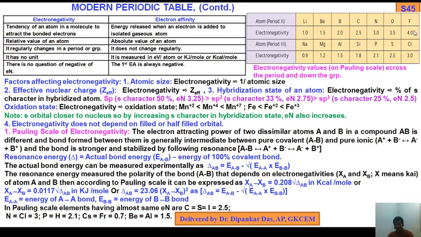If you go down the group, fluorine, chlorine, electronegativity decreases.